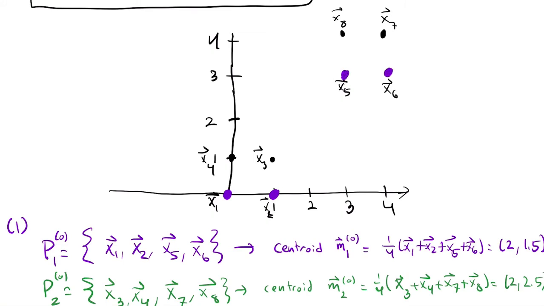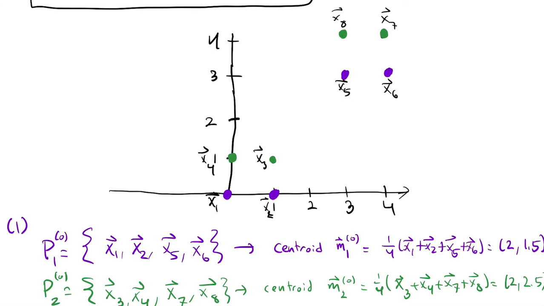Obviously the solution here should be to put x5 through x8 in one class and x1 through x4 in the other. But for the sake of argument, to show you how the algorithm works, I'm going to split between the two to show you how this algorithm converges. And since there are only two classes, everything else goes into the other class here.